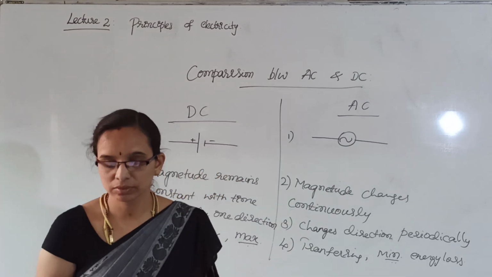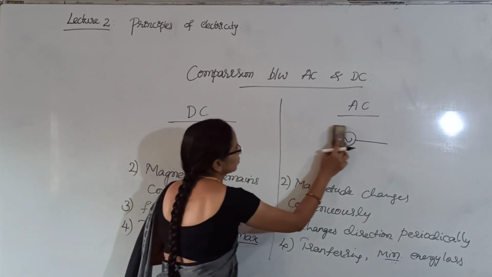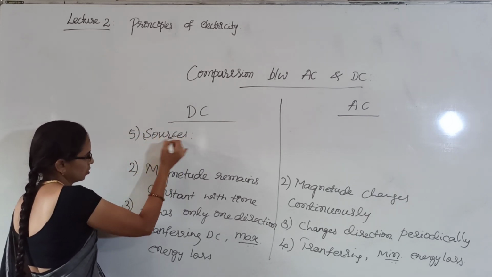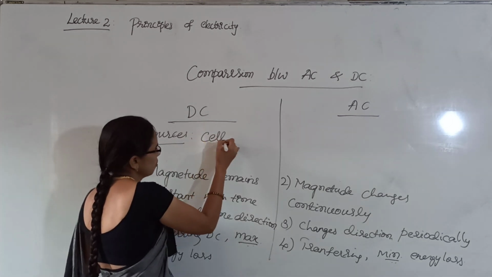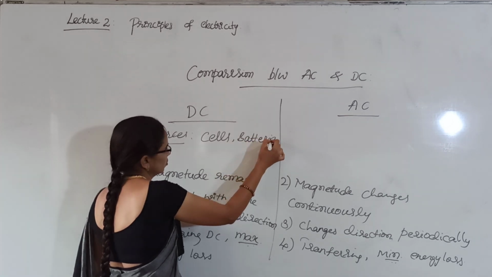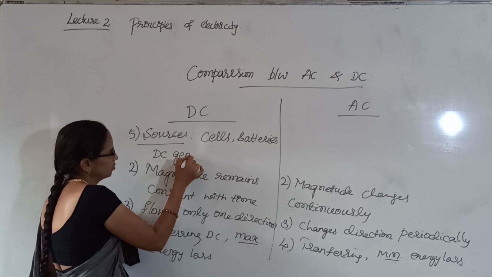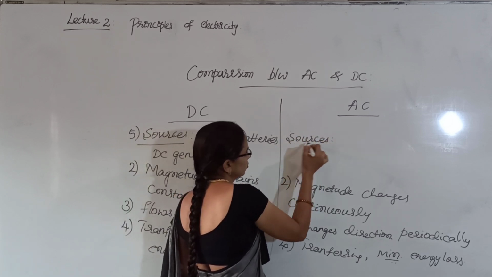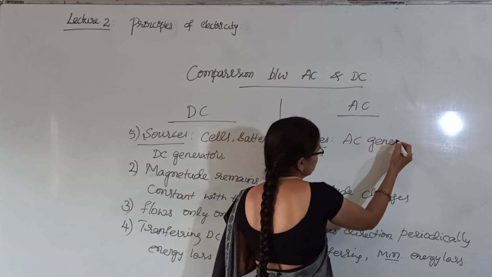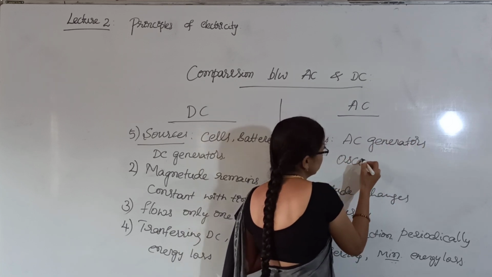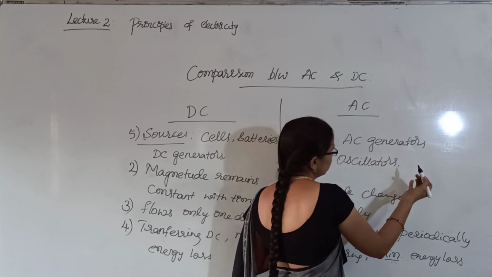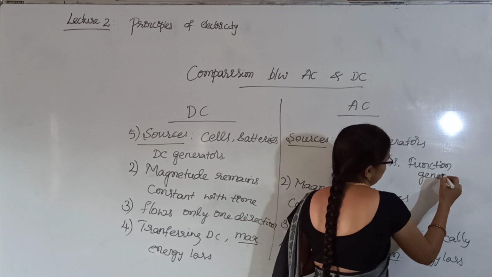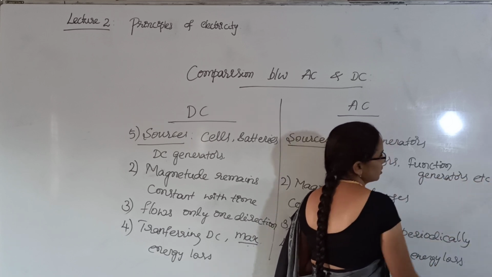Okay, and the DC sources are cells, batteries, DC generators, and the AC sources are AC generators, oscillators, and function generators, etcetera.